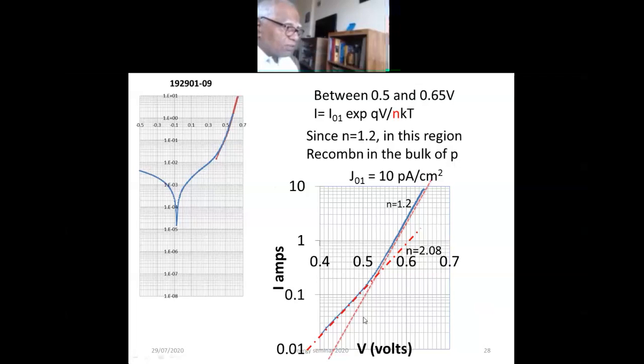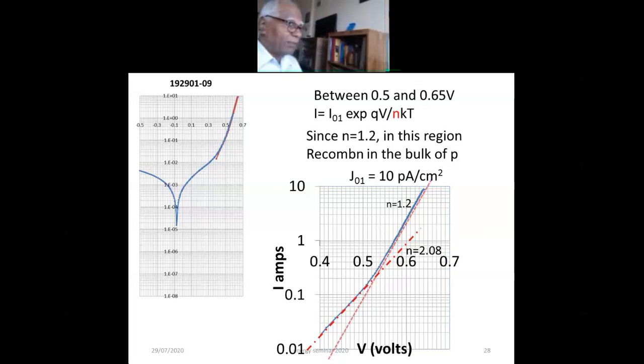Now, this is my dark IV, and n equal to 2 means all the recombination is taking place in the junction region. So if I can reduce the number of defects in the junction region, then this will not become like this, but this will go like this dotted red line all the way through. And that will improve my fill factor.